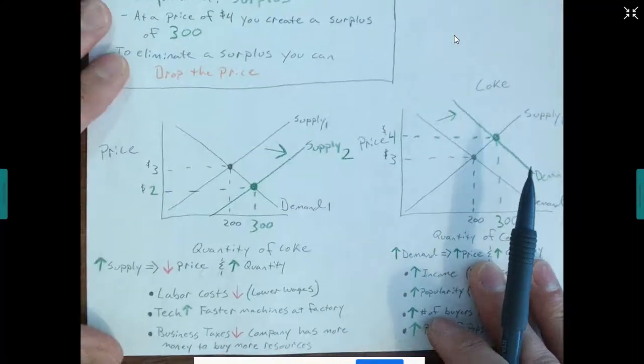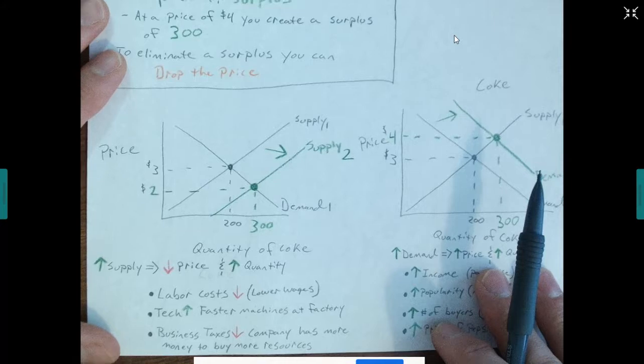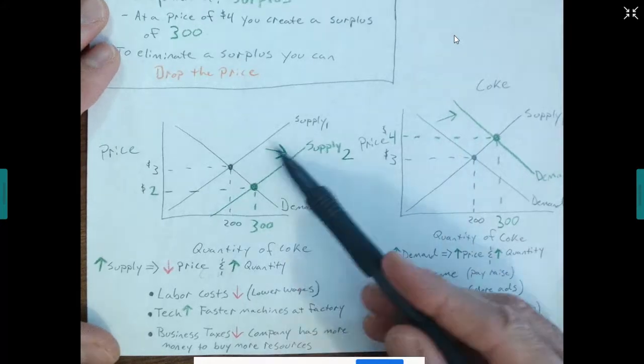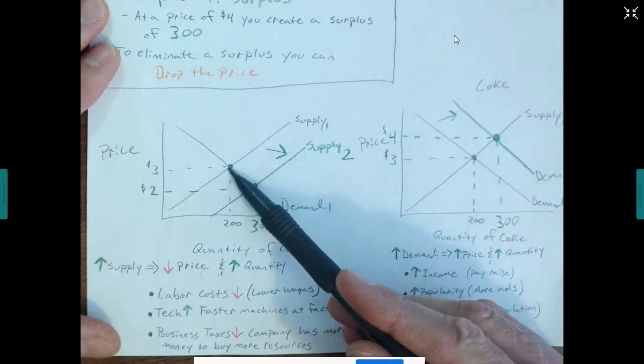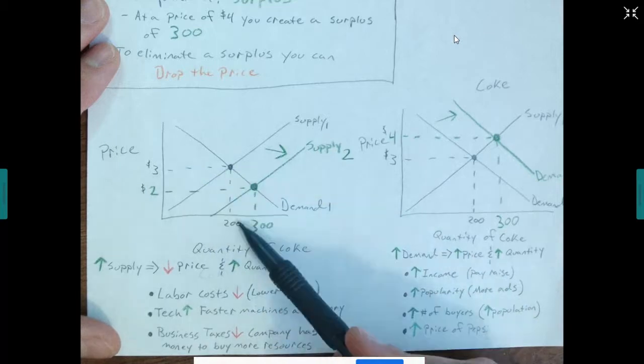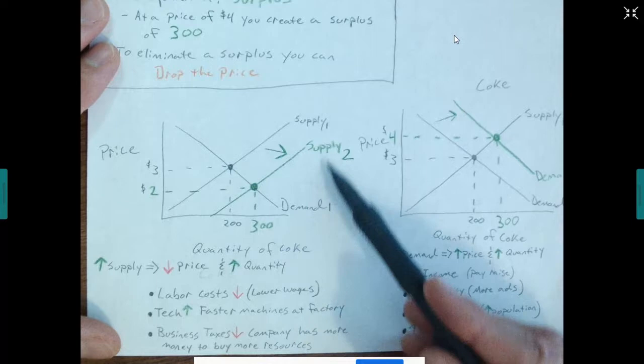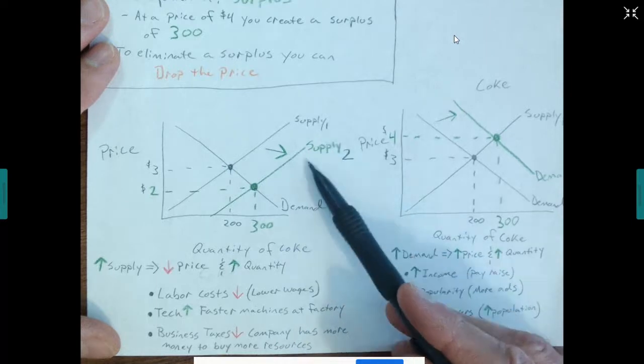Here we're going to demonstrate what happens if supply or demand were to increase. Here we have our equilibrium price of $3 and equilibrium quantity of 200 at demand 1 and supply 1.